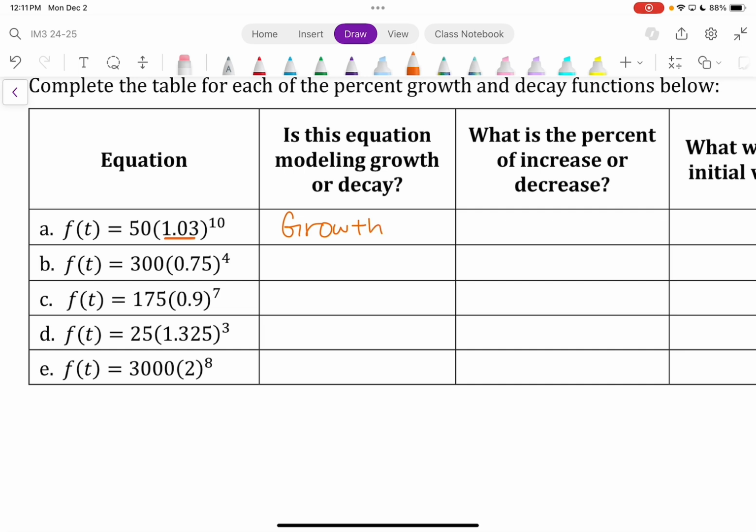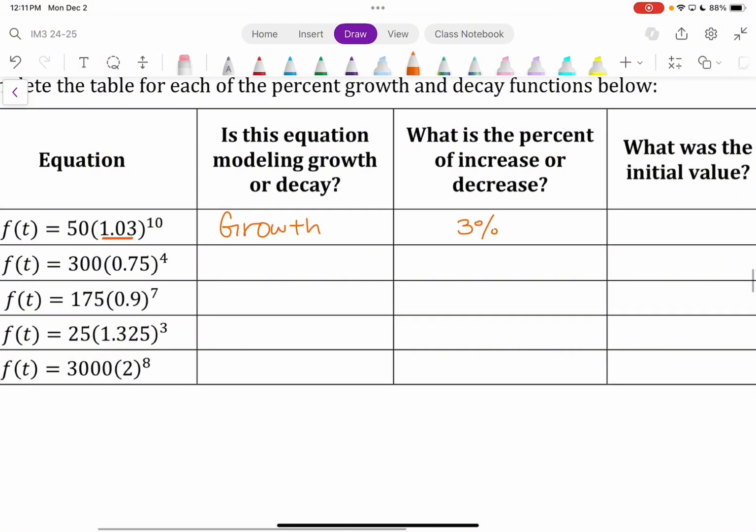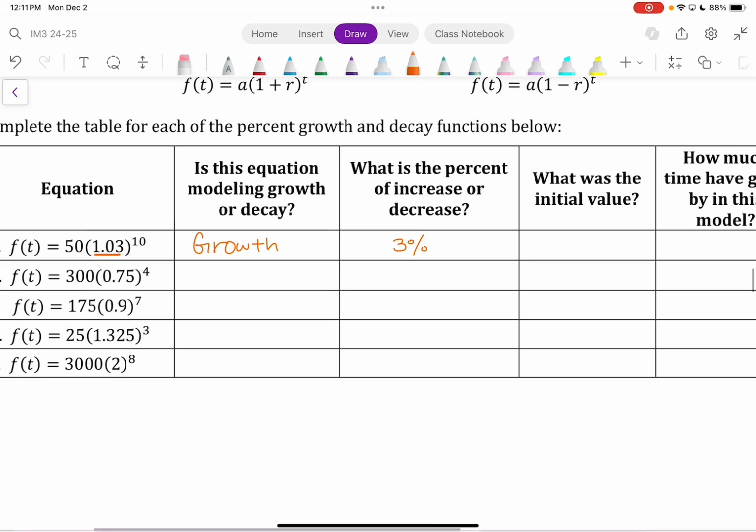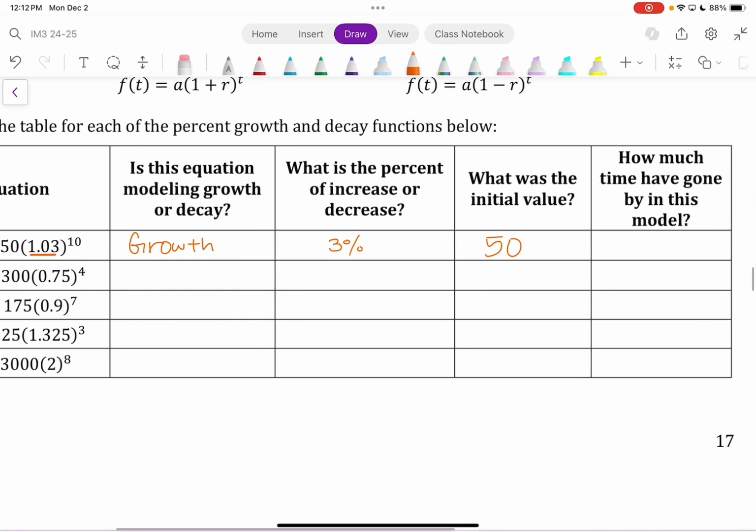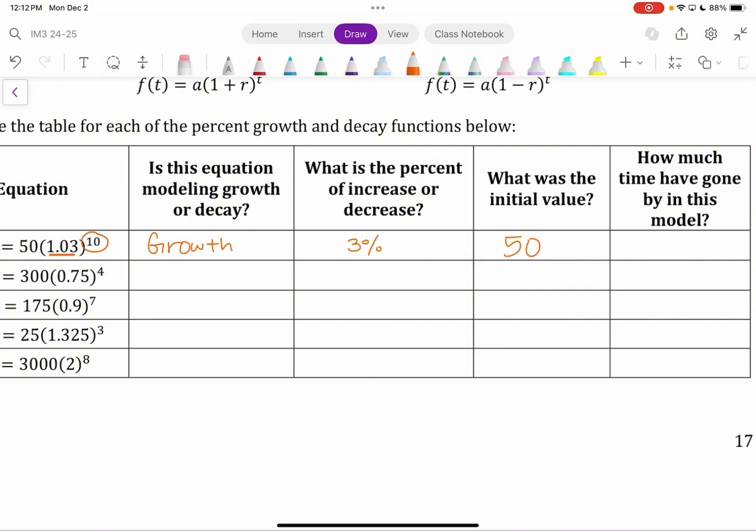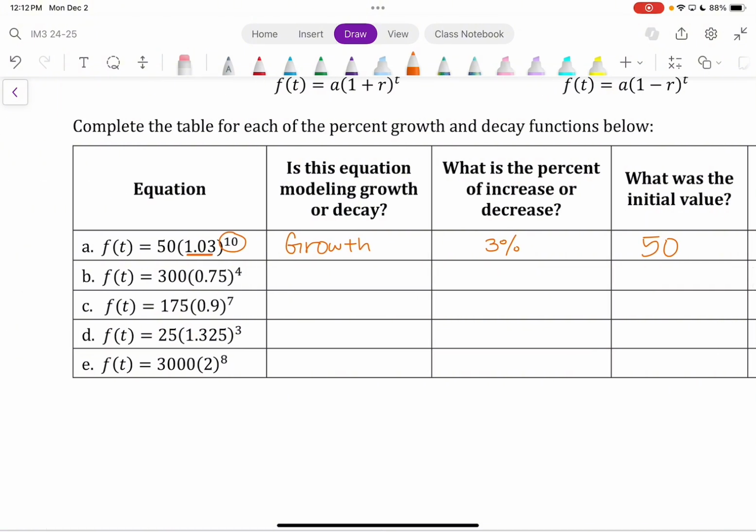What is the percent increase or decrease? That would be 3%, right? The 1 is part of the equation, but the 0.03 represents 3%. What was the initial value? Initial value is 50. How much time have gone by in this model? The exponent is 10, so 10 of whatever, whether it be years, days, months, whatever. Next one, 375, 4.